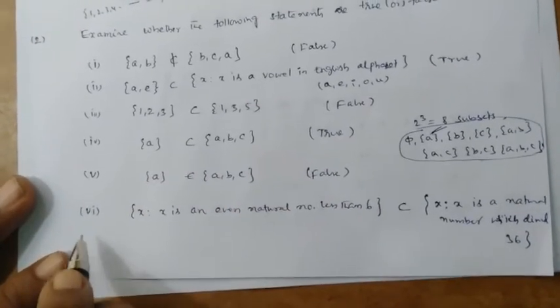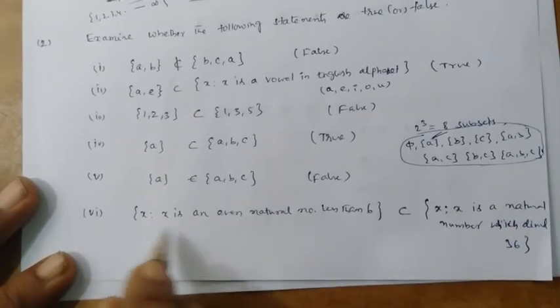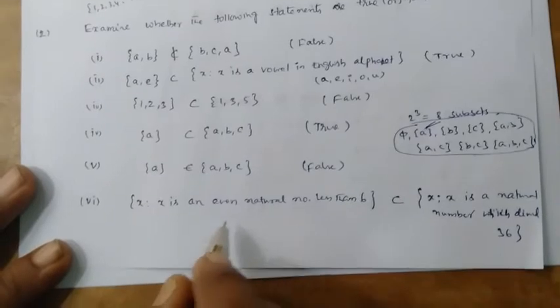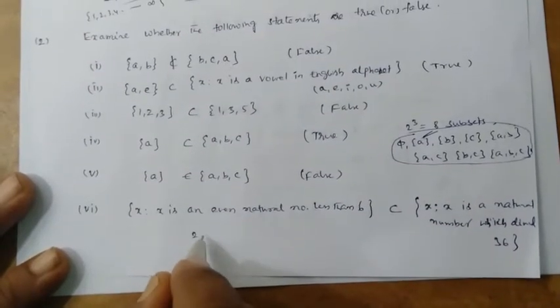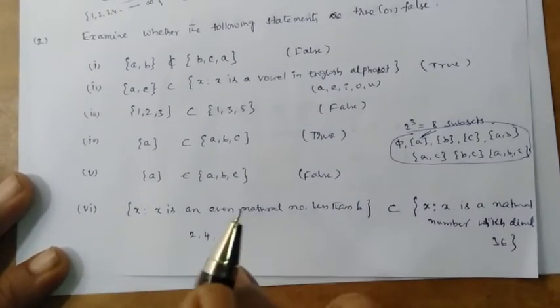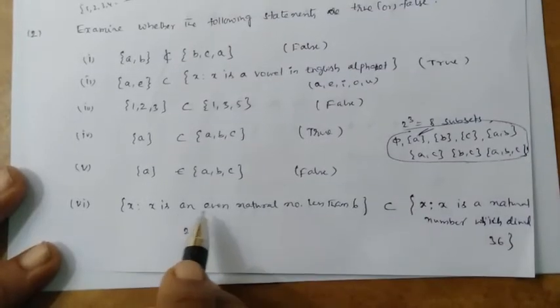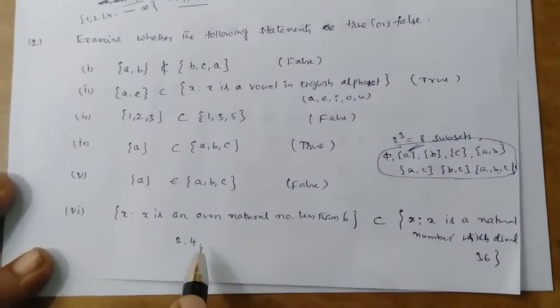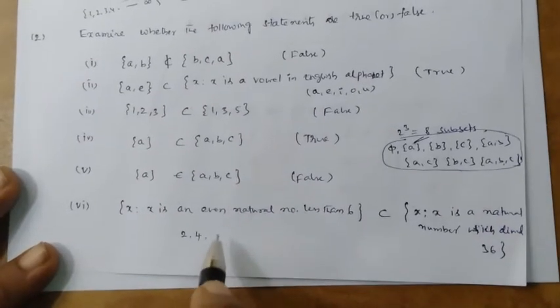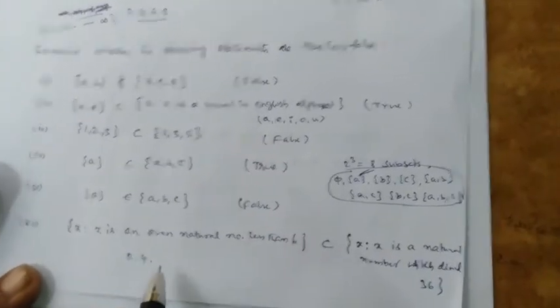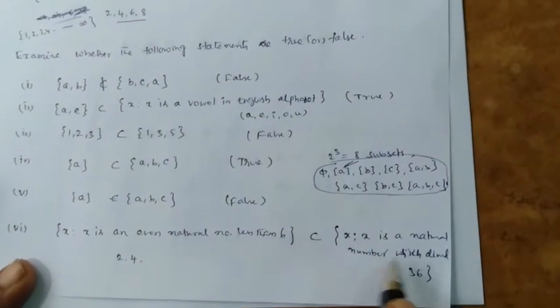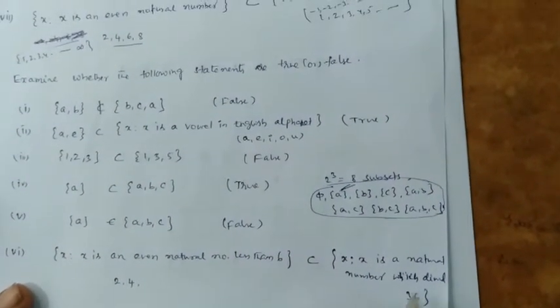Clear? In the sixth problem, X is an even natural number less than 6. Even natural numbers less than 6 means it is 2, 4 only. Less than or equal to 6 would mean 6 is also there, but here 6 is not there, only the elements 2, 4. On the right side, X is a natural number which divides 36.